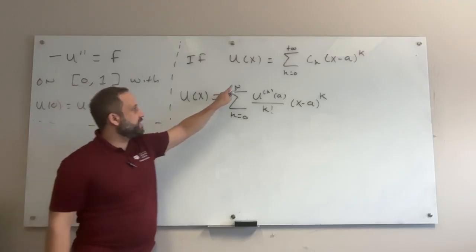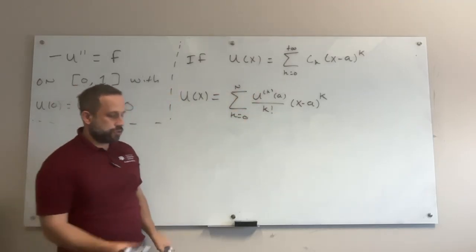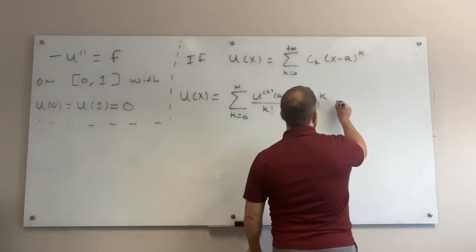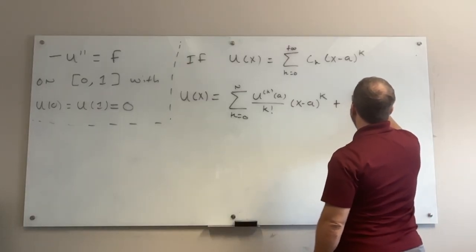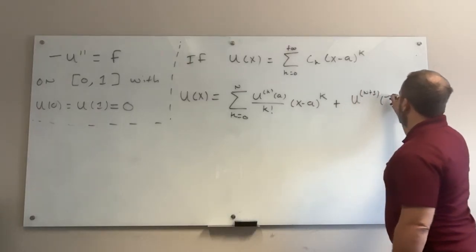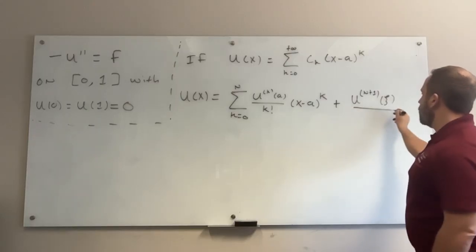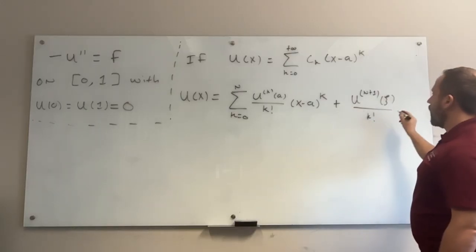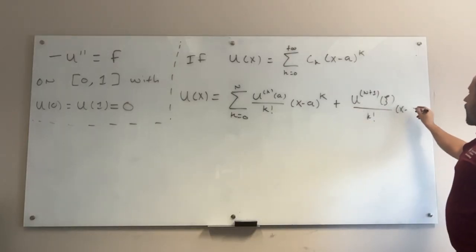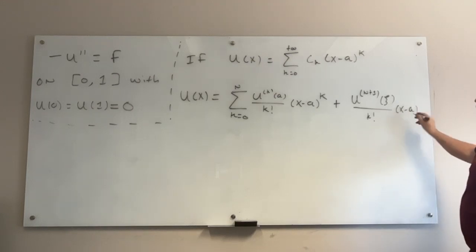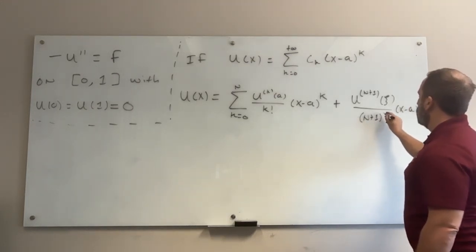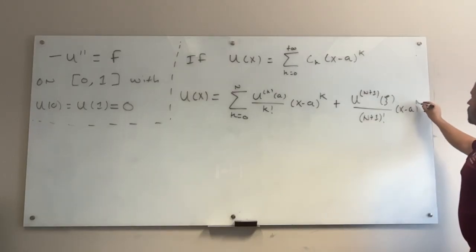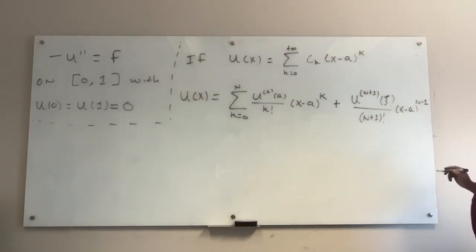This is just the first n terms of a Taylor series, and then it's going to be plus the n plus 1th derivative of u evaluated at some number c, divided by n plus 1 factorial, times (x minus a) to the power of n plus 1.